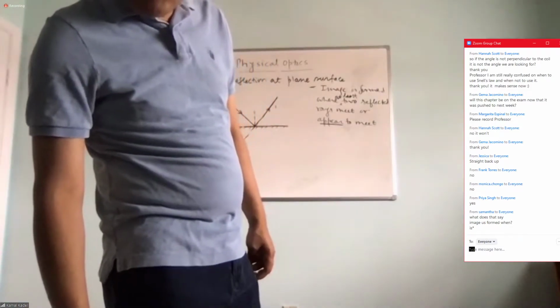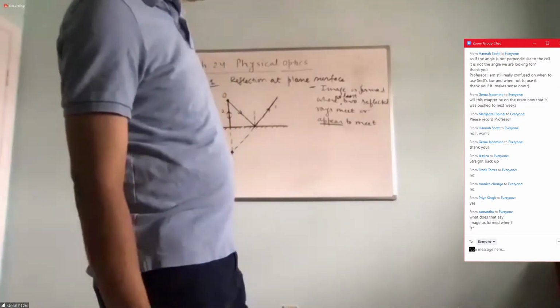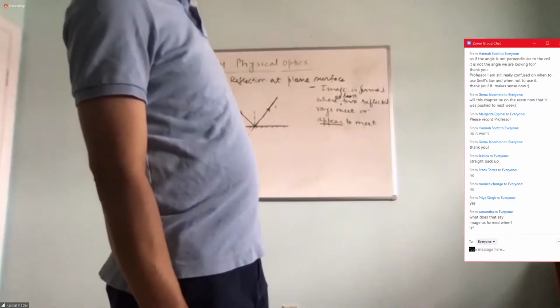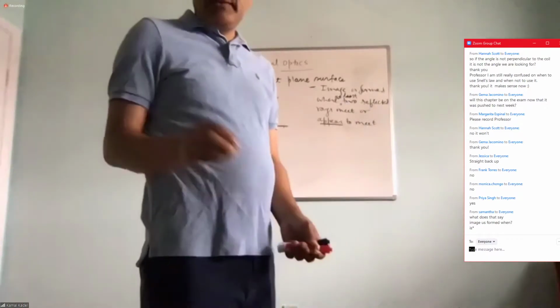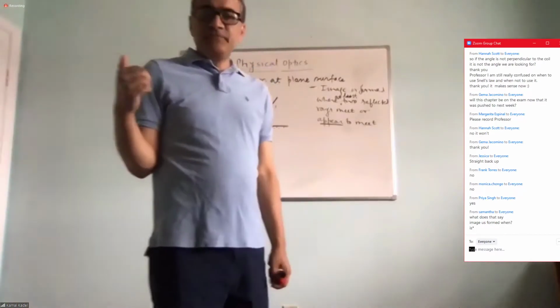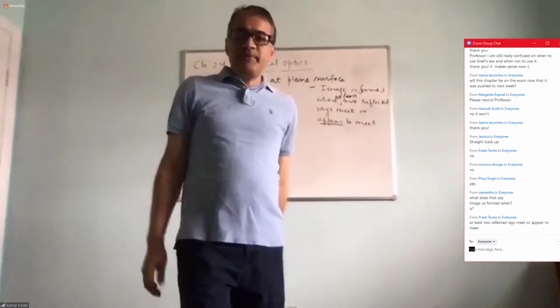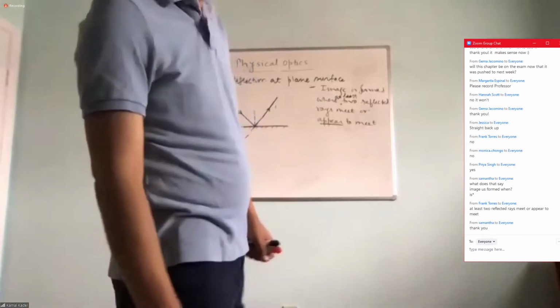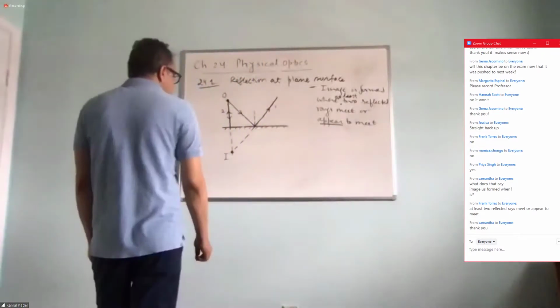What does that say? An image is formed where at least two reflected rays meet or appear to meet. You need to have two reflected rays, right, where they meet or appear to meet.